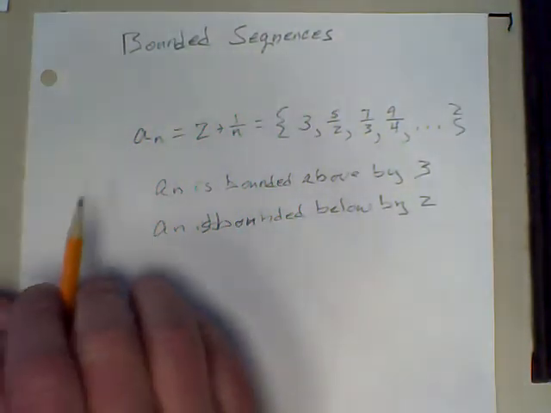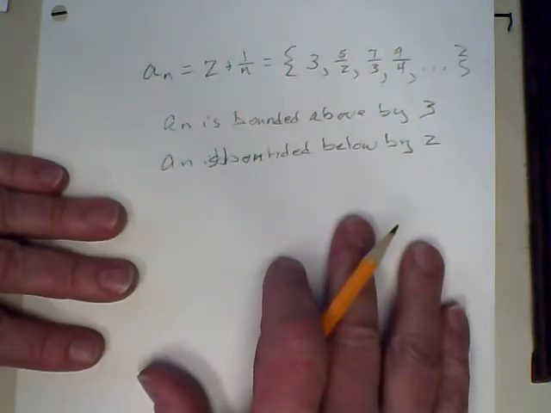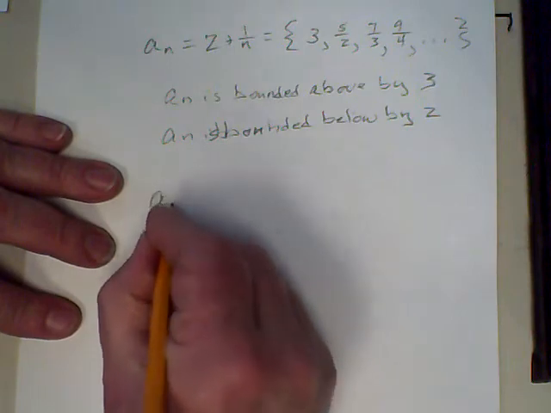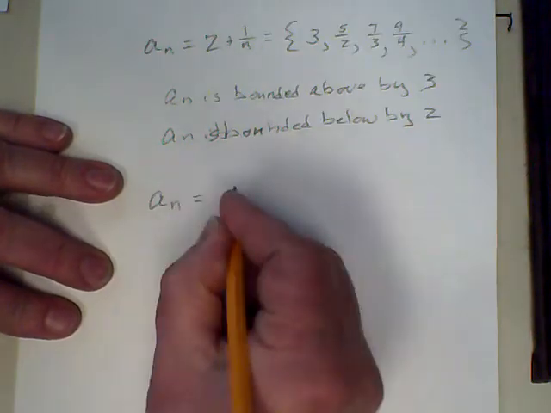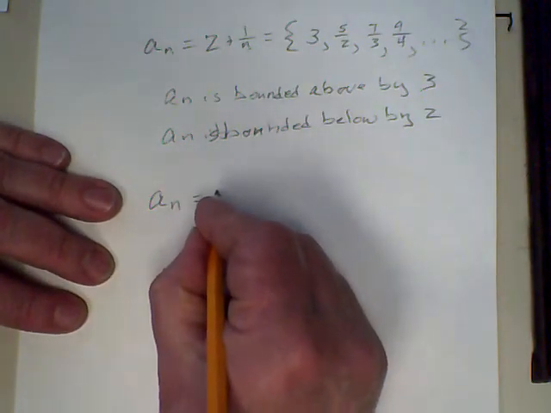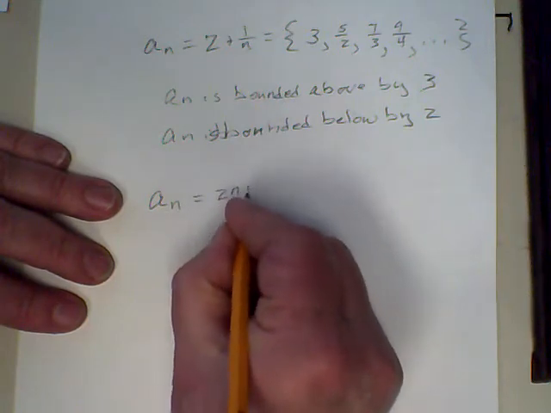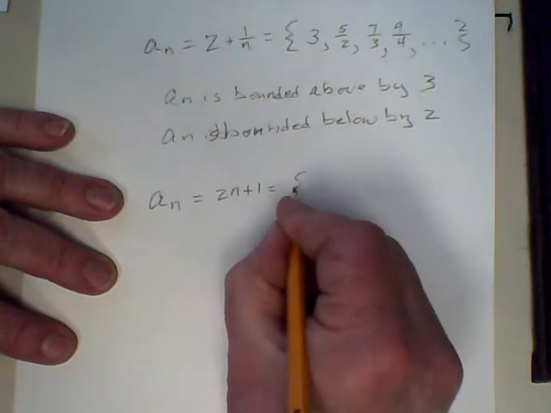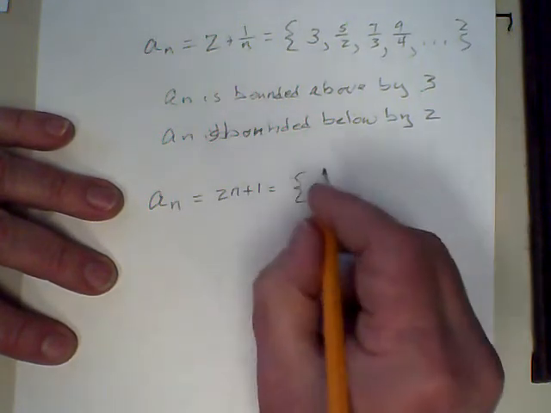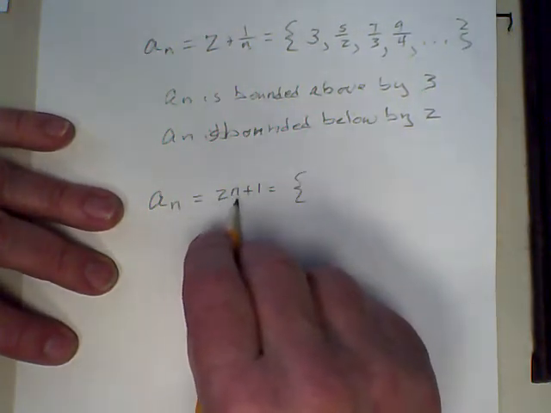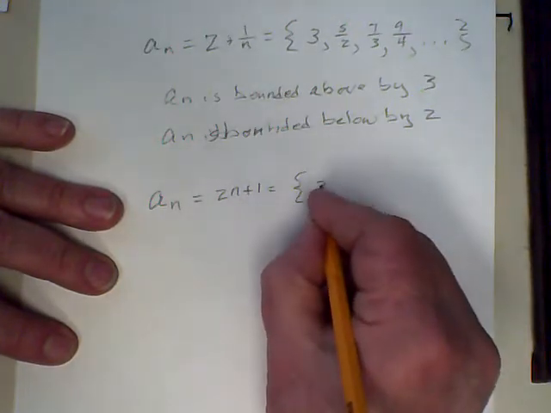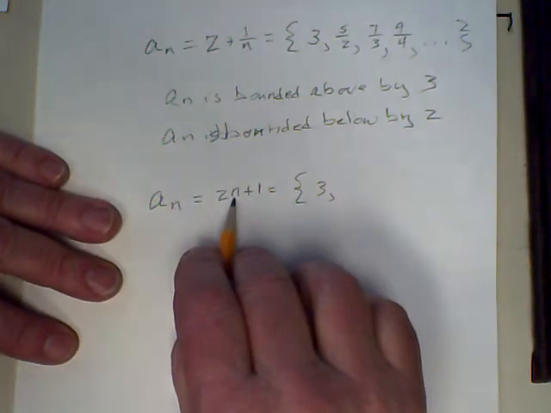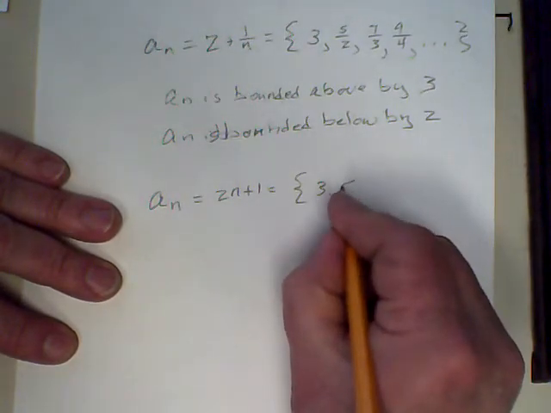Now, if you have a sequence that doesn't have a boundary, let's take an example of that. Let's suppose that a sub n was given by 2n plus 1. And let's write out a few of those terms. So when n is 1, we get 2 times 1, 2 plus 1, 3. When n is 2, we get 2 times 2, 4 plus 1, 5.